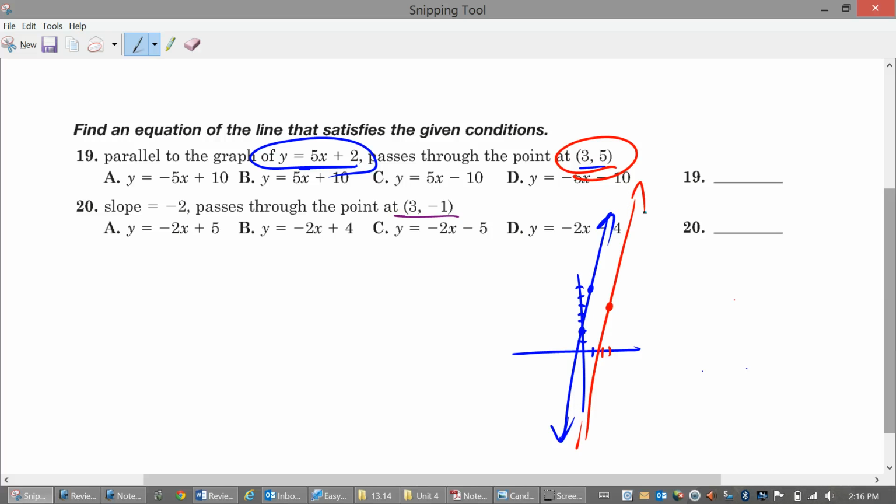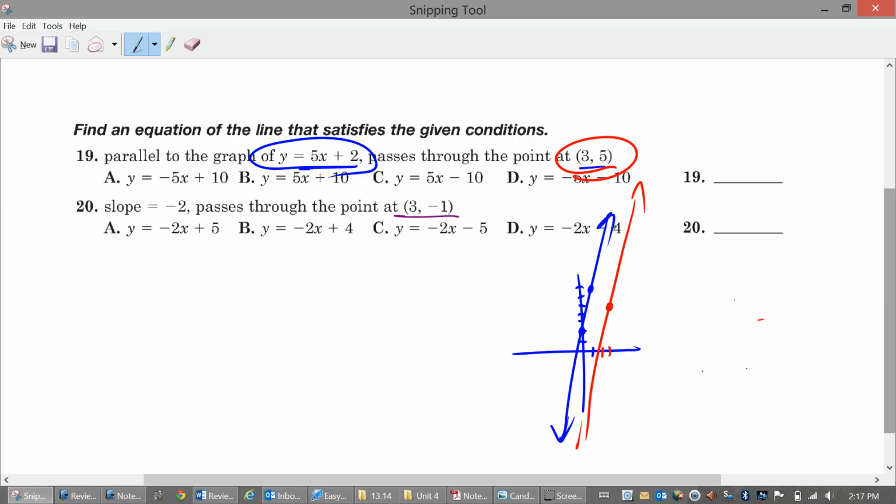We don't care anything about the line in blue except for the fact that the slopes have to be equal for those two lines to be parallel. So the only information we really care about from the blue line is its slope.